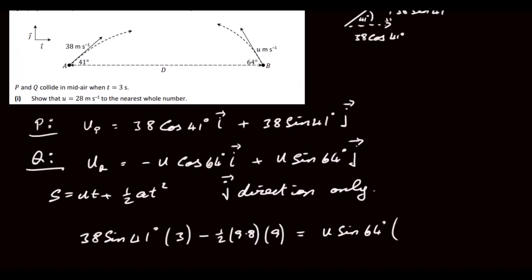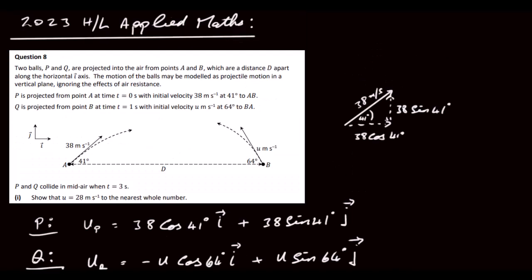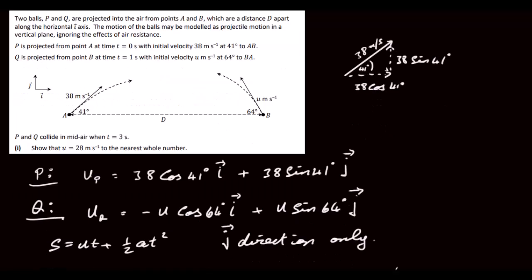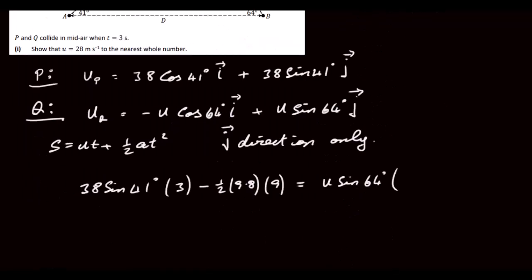We're told that Q is projected from point B at time t equals 1 second, so it starts a second later than P. The time to impact is 2 seconds. Again, it's minus half 9.8 times 2 squared, which is 4.